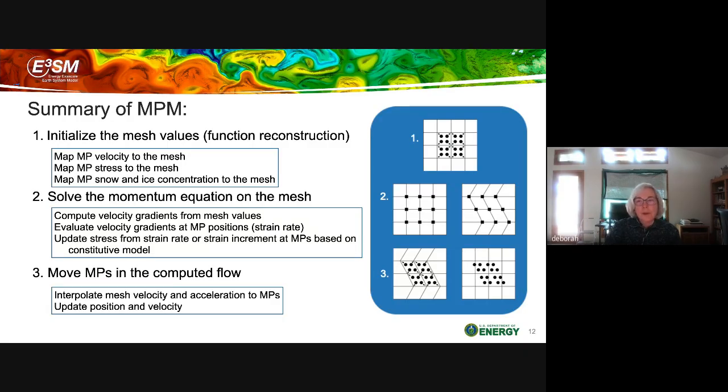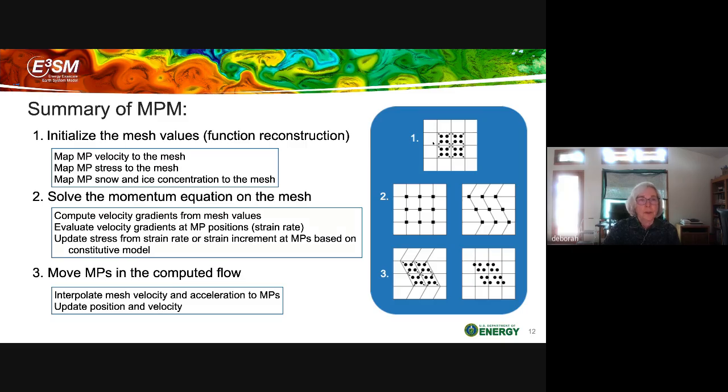So pictorially, what we do in the first step is we have material points, so we take information from those points. You can think of the points as carrying information about a function, whether it's ice concentration or the velocity. And we want to take the information from that scattered set of data points and reconstruct the values at mesh points.